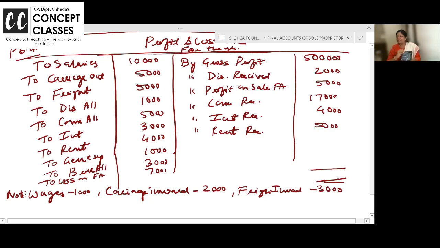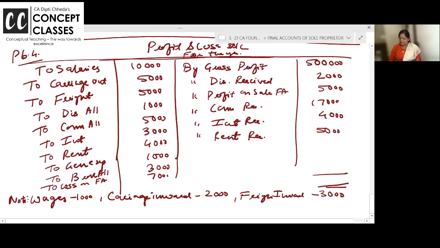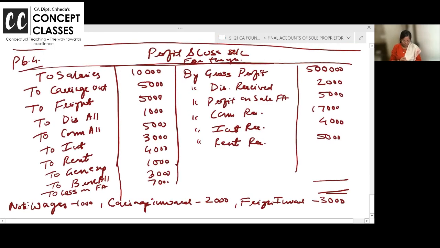You take this 5 minutes. These problems are so cool. 5 lakh plus 2,000 plus 5,000 plus 17,000 plus 4,000 plus 5,000, 5 lakh 33,000.